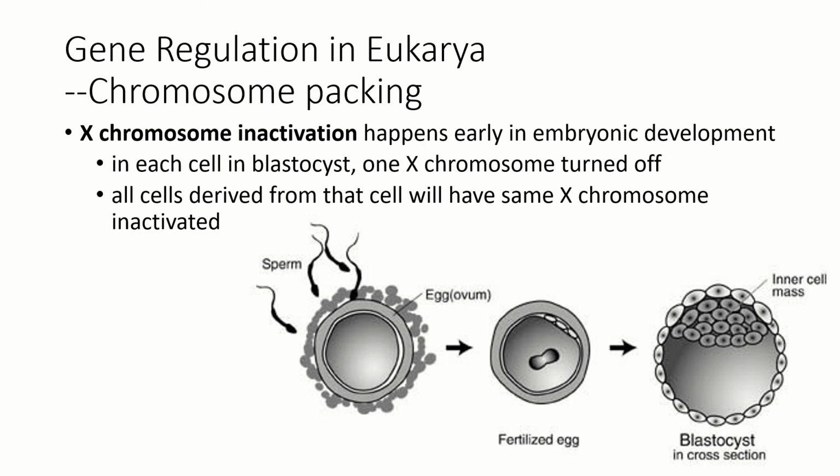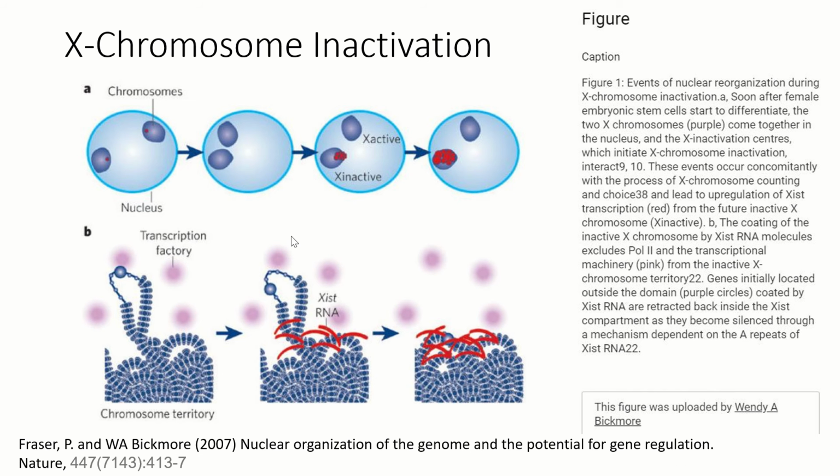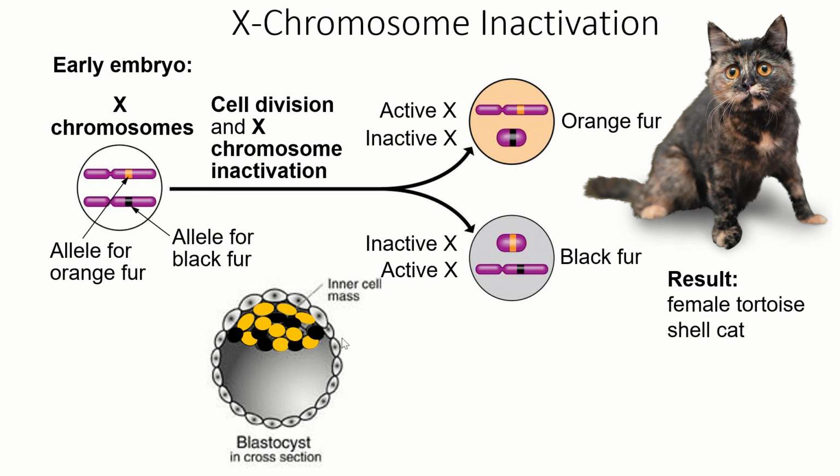So one of the X's gets packed away, and it gets packed away at this stage of development. So here we have chromosomes in a nucleus. One of them gets bound to a bunch of other molecules and literally packed away. So the other one is going to be expressed. This is some information from an article that was in Nature a few years ago describing how this happens.